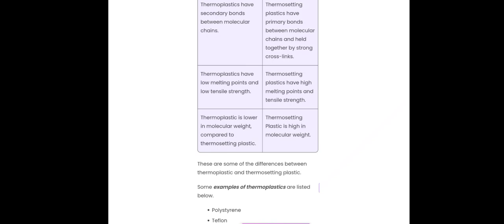On the other side, thermosetting plastics are given examples like bakelite, urea formaldehyde resin, polysilicones, and polyesters.